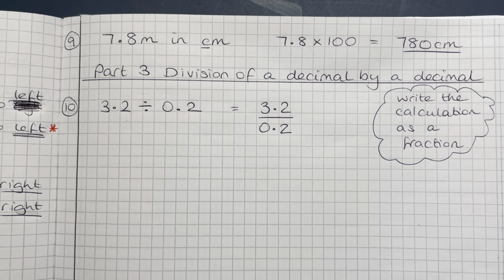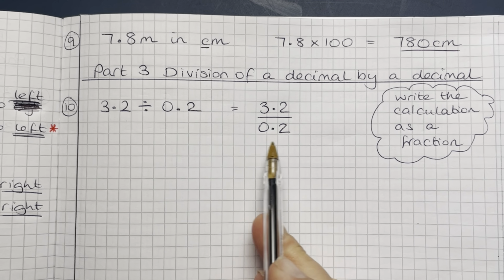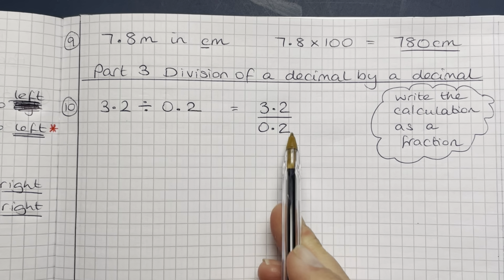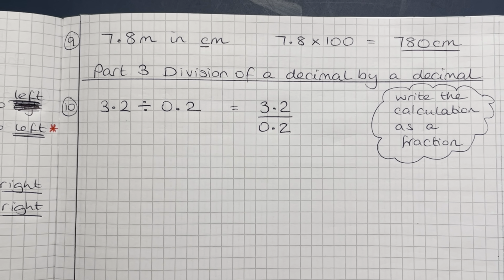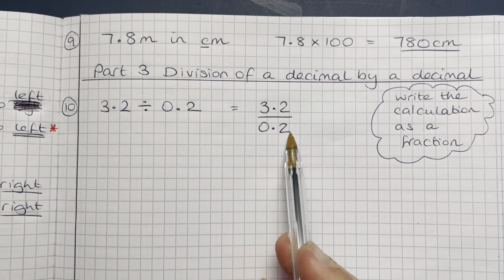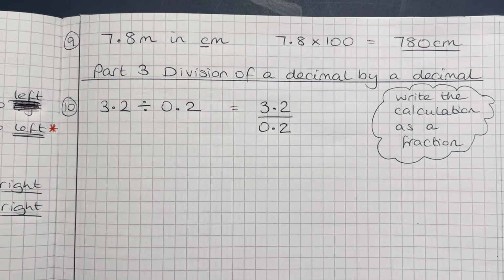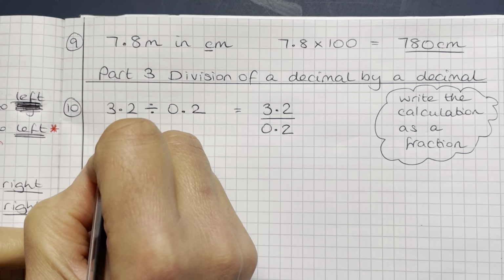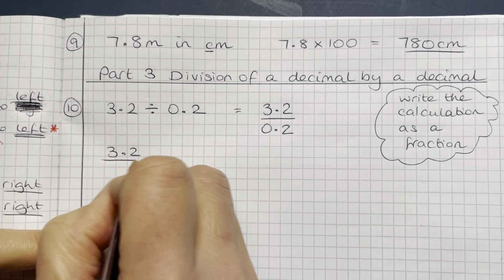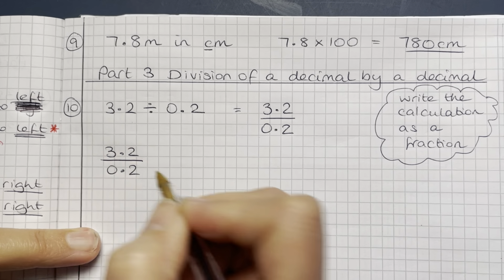And now what we need to do is work to change this denominator so that it is no longer a decimal. We want this to be a whole number. So let's look at how we can remove the decimals. So I've got 3.2 divided by 0.2.